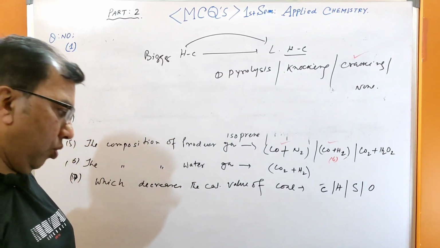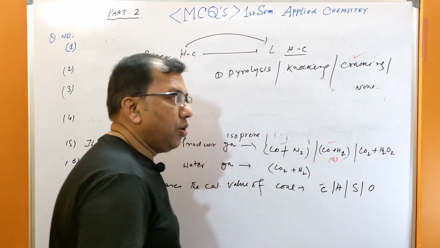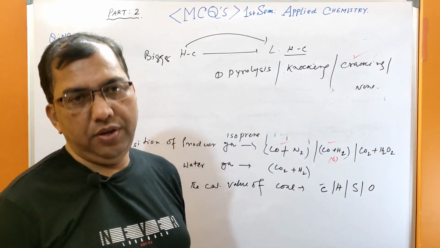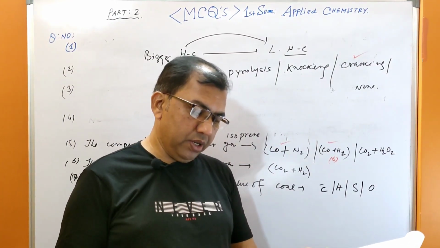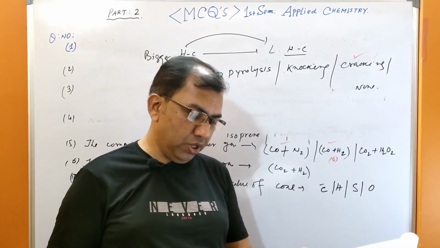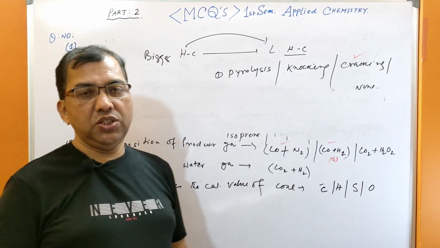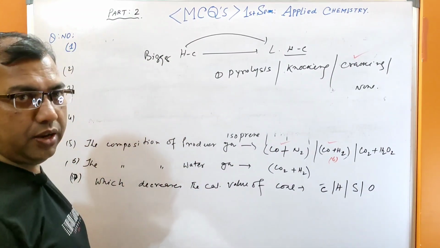To resist the anti-knock property of fuel, for petrol, what is mixed? Lead bromide. I am telling the questions, you have to write.